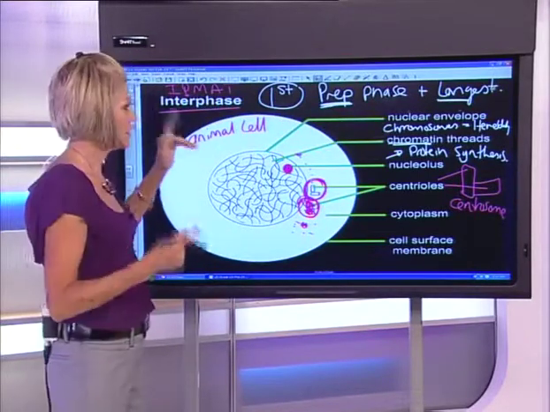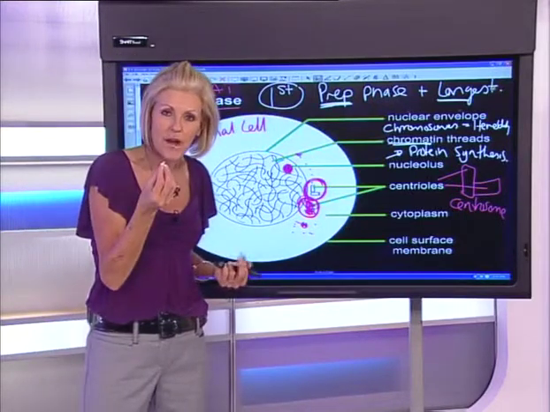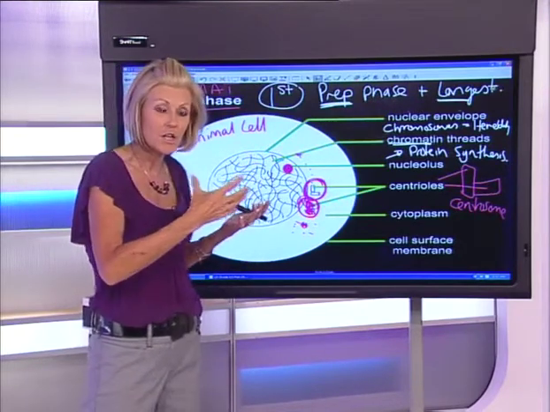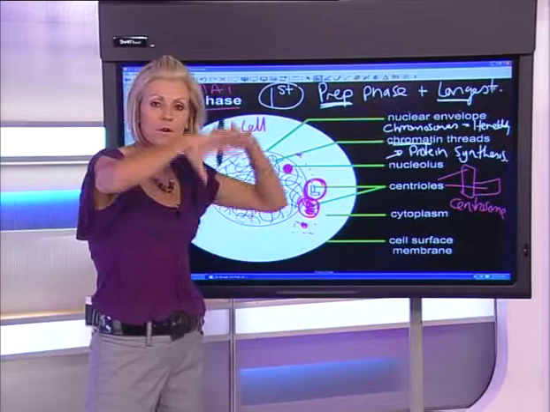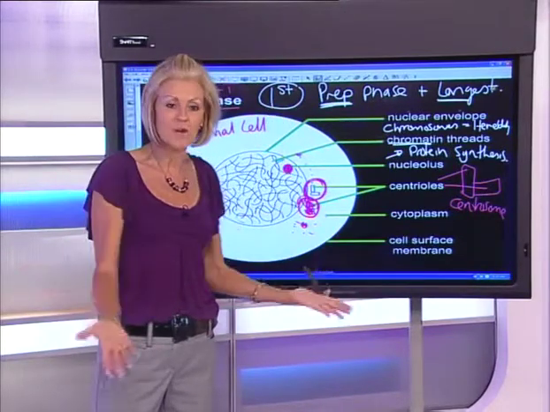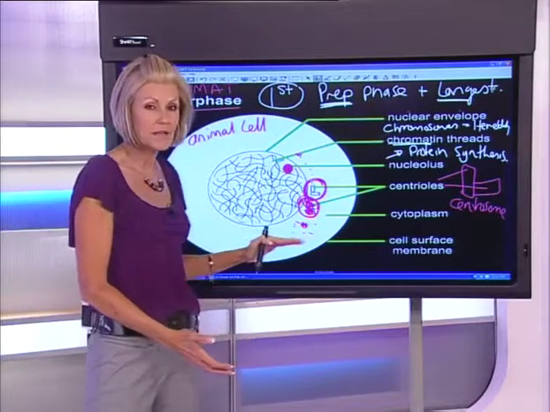Inter, between. You have a nuclear envelope, your nuclear membrane, and the reason we call it an envelope is because by the time we finish the next phase, all we're focusing on is that nucleus. It envelops the processes that are going to be taking place.